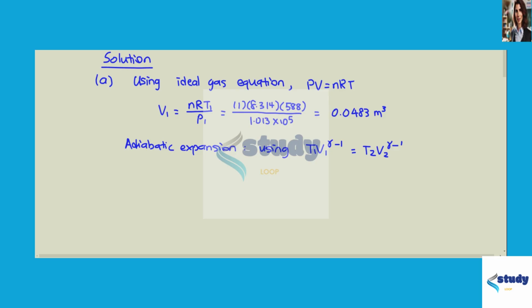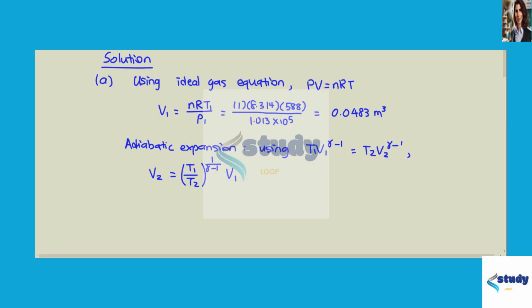Because we have T1, we have T2, we also have V1, and using this equation we can find V2. So V2 is equal to T1 over T2 to the power 1 over gamma minus 1, times V1.